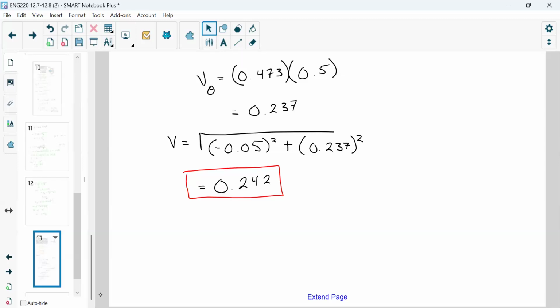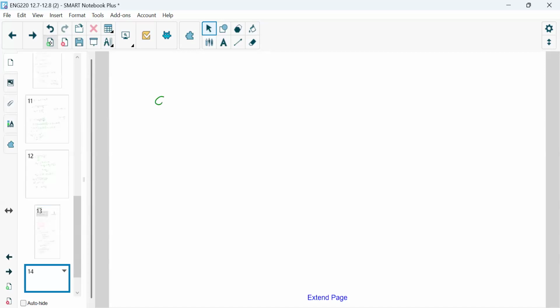All right, now let's go ahead and find our acceleration. What do we know about the acceleration? We know that's going to be the square root of a sub r squared plus a sub theta squared.